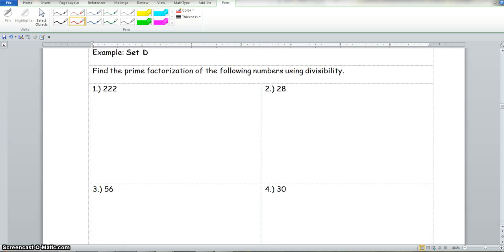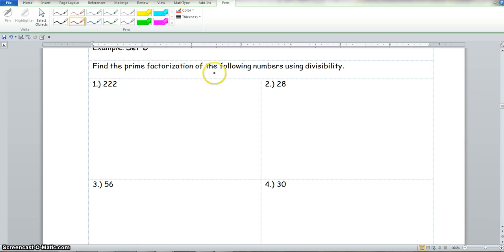So I'm going to go through a few of these problems. It says find the prime factorization of the following numbers using divisibility. So we'll take 222. Now we know definitely that 2 can divide evenly into this. So it'll be 2 times 111. Now if we look at 111, if we add all of these digits together, that gives us 3. So we know 3 goes into 111.